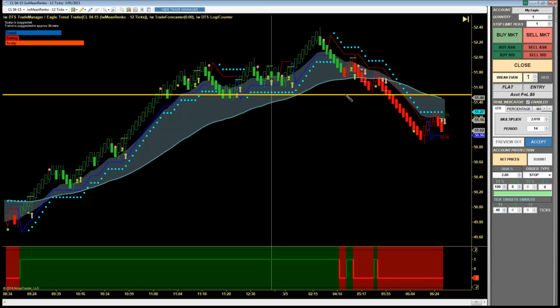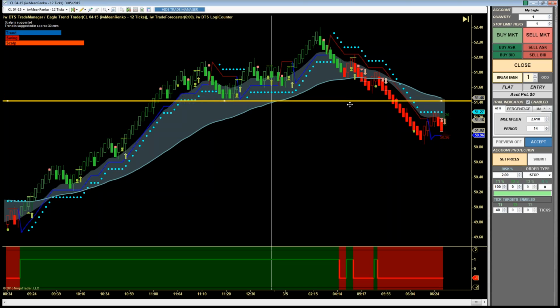And you can see that hard edge would pretty much coincide with that area of resistance. But we could try to do one of those and do a bar high-low, keep it a couple bars back.